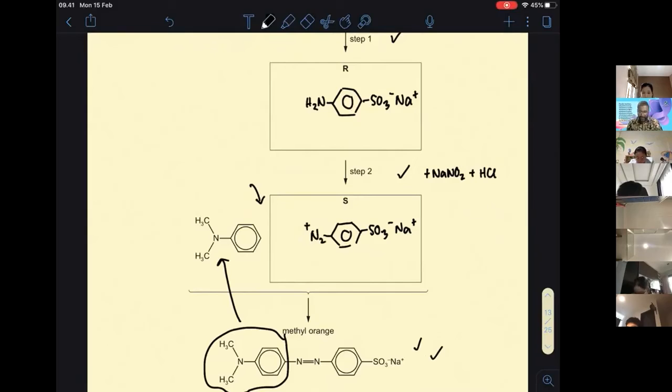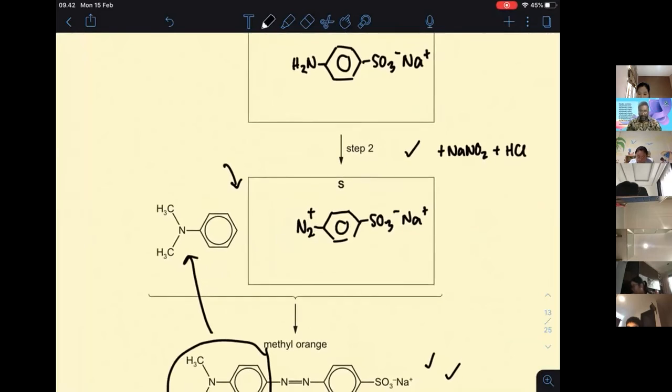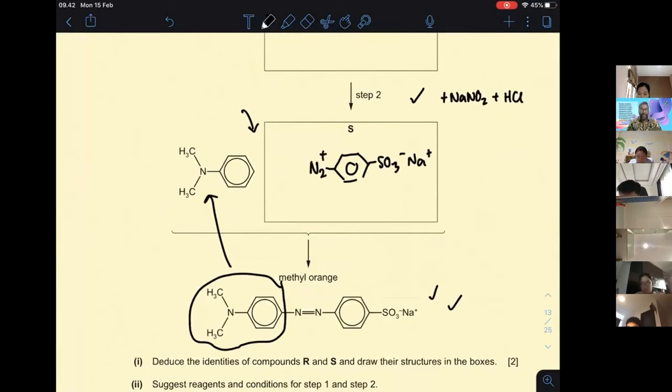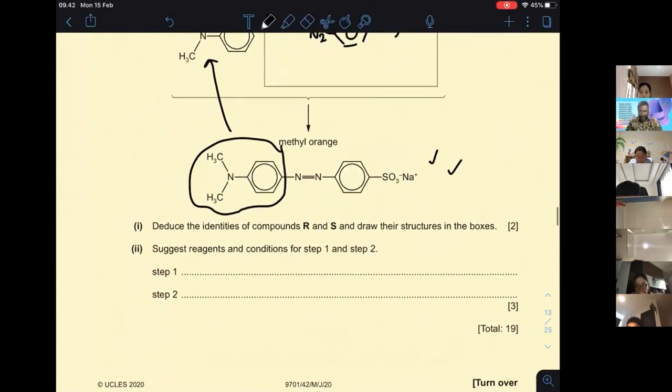You can write it in this way, or if you want to write it in full form, N double bond N then plus, or you can join it with the Cl. Up to you. But I will normally write it as N2 plus, easier for me to see. Once I have that, you are going to have what we call the coupling reaction, and here you are going to get this methyl orange.